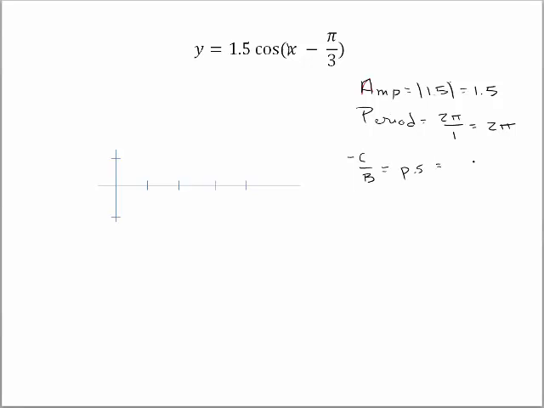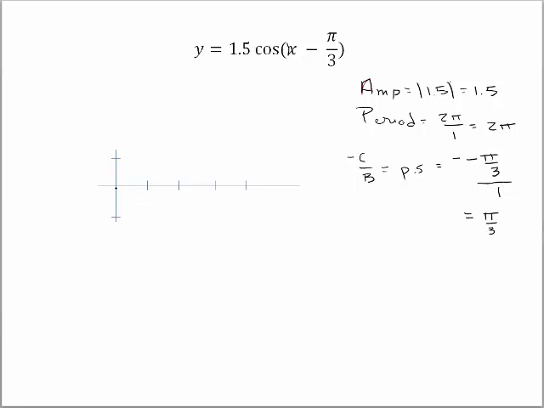Okay, so we have c, which is a negative pi over 3, divided by 1. That gives us a phase shift of a positive pi over 3. Now what is that going to mean?